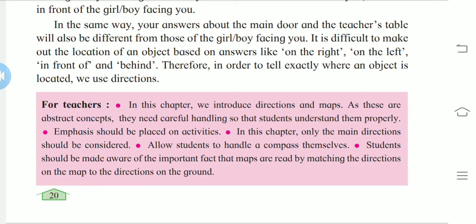In this chapter, only the main directions should be considered. Allow students to handle a compass themselves. Students should be made aware of the important fact that maps are read by matching the directions on the map to the directions on the ground.